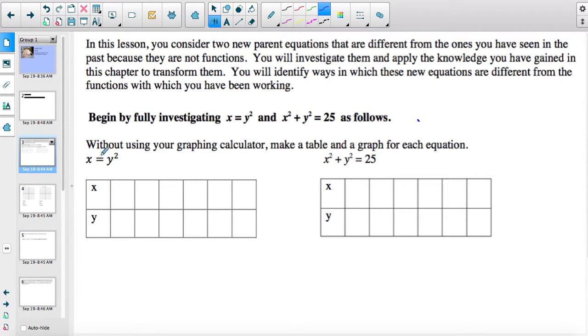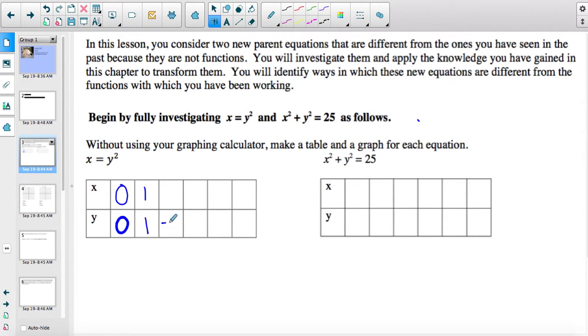Now when I'm looking at this, I could rewrite this as y equals, but I think the easier thing to do might be to just pick some simple values for y and figure out what x would equal. So for example, if I make y 0, then x would be 0. If I make y 1, then x would be 1.